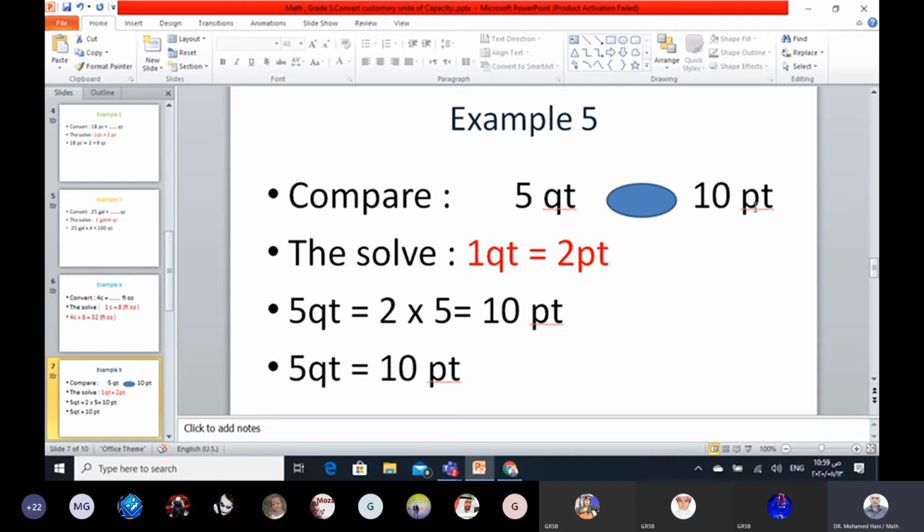The relationship between QT and PT: 1 QT equals 2 PT. So I take 5 quarts and change from QT to PT, from the big unit to the small unit, so multiply by 2. 5 times 2 equals 10 PT. So 5 quarts equal 10 pints. The values are equal.